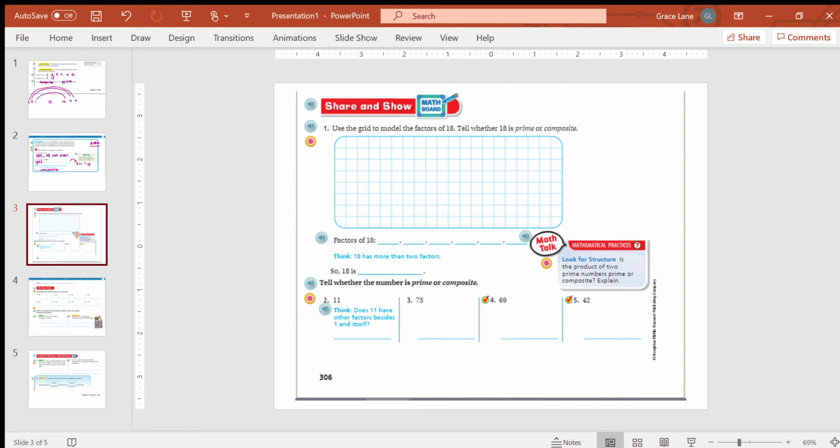So think about different ways to make 18, make a rectangle with 18 boxes in it. The first one we always know is one row of 18, because 1 times 18 is 18. How else can you make 18 though? You could do 2 rows.